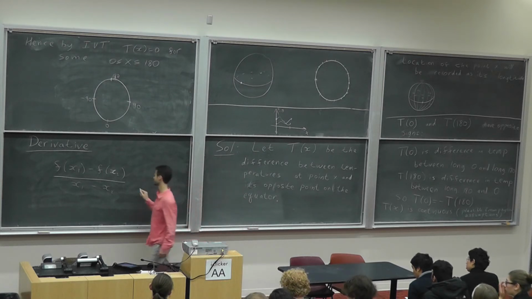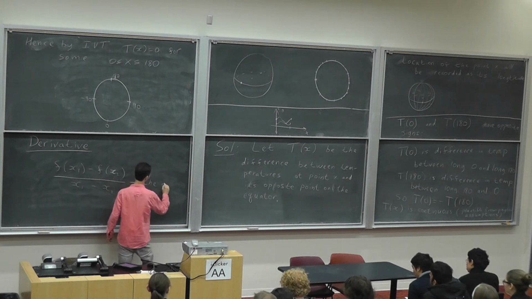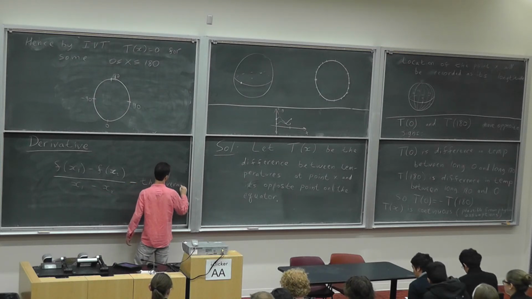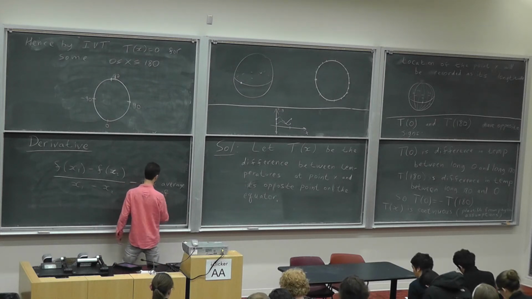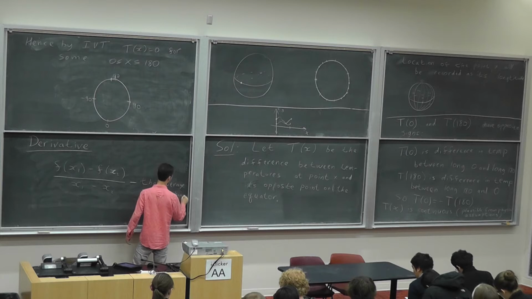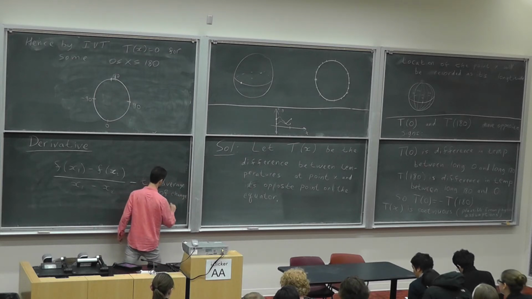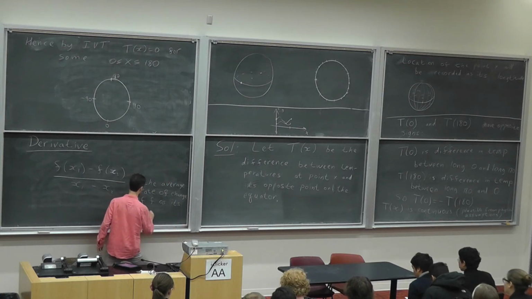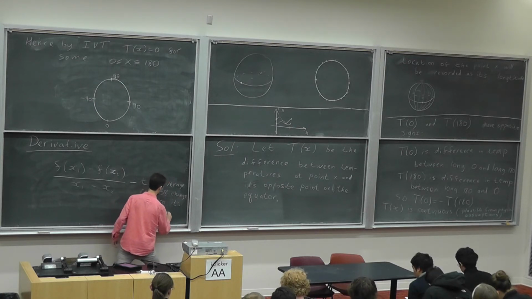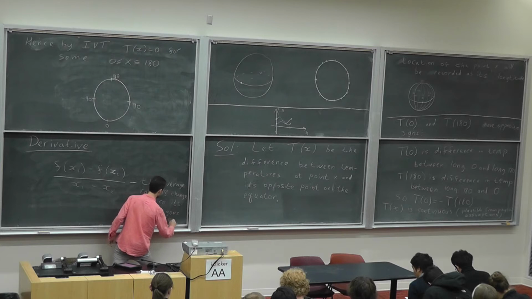If you recall, what is this thing? This is the average rate of change of f as its argument goes from x1 to x2.